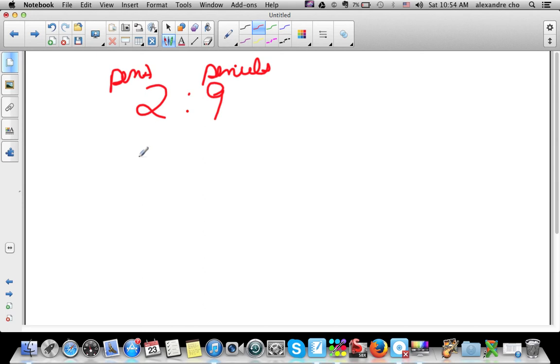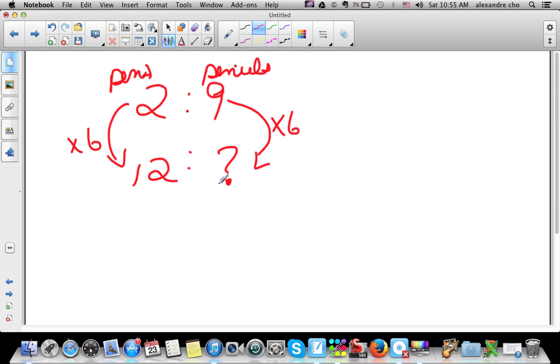Okay, so your ratio was 2 to 9, so for the 2, increase to 12 by a factor of 6. 9 is also going to increase by a factor of 6, because for the proportion, you have to multiply both by the same factor, giving you 54.